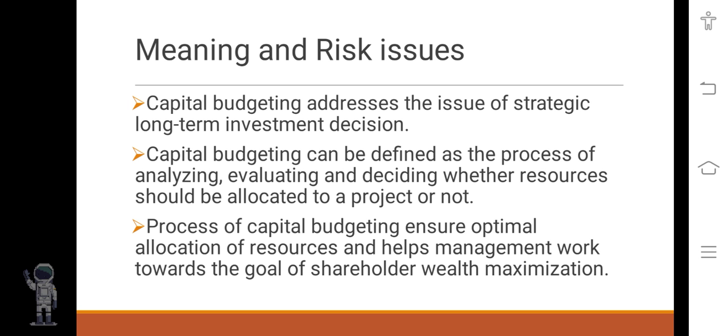Capital budgeting can be defined as the process of analyzing, evaluating, and deciding whether resources should be allocated to the project or not. The process of budgeting ensures optimal allocation of resources and helps management work towards the goal of shareholder wealth maximization.